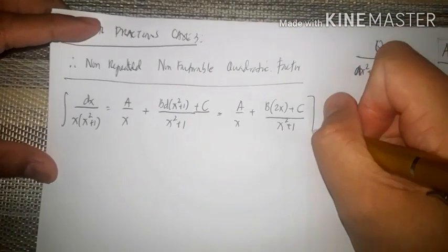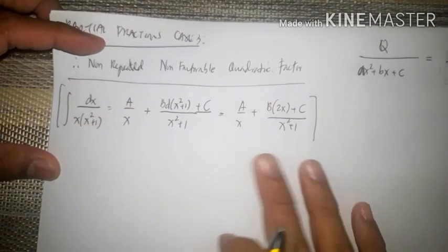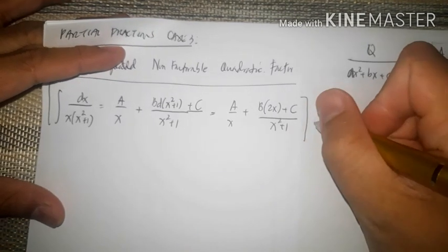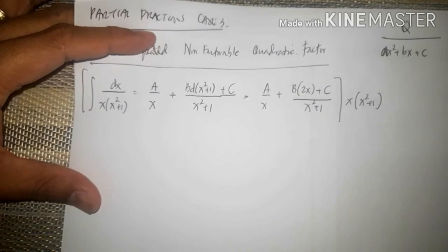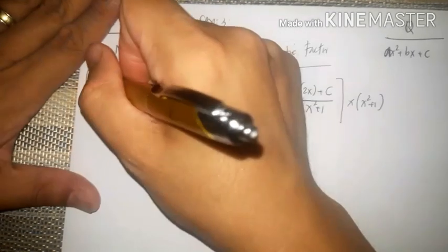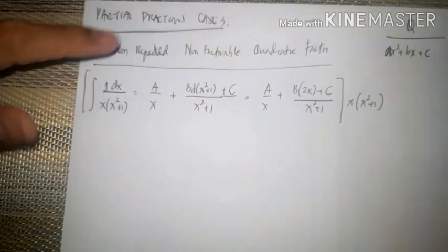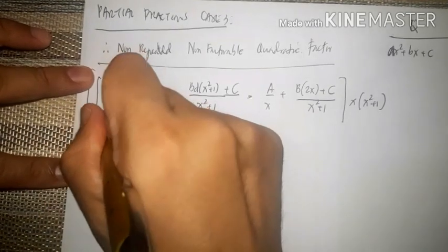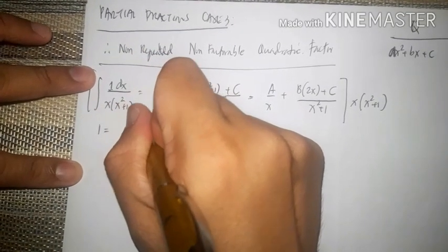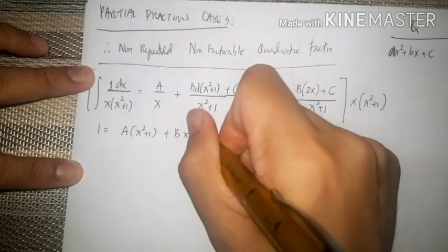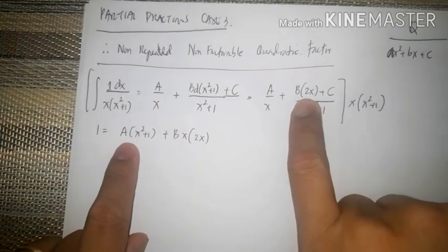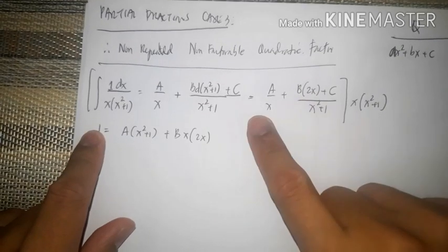And then, since na-associate na natin siya into partial fractions, you are to multiply this by its LCD, x times x squared plus 1. So, multiplying that, since meron ditong 1, so 1 here is equal to a multiplied by x squared plus 1 plus bx times 2x. So, again, multiply natin yon.